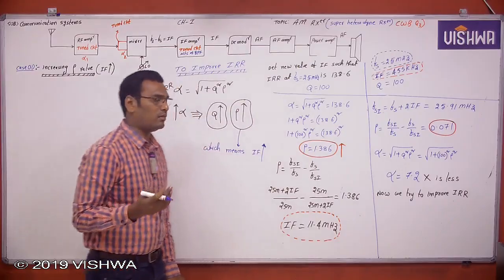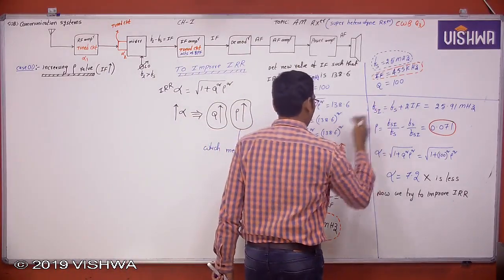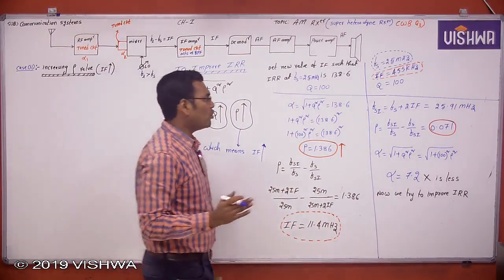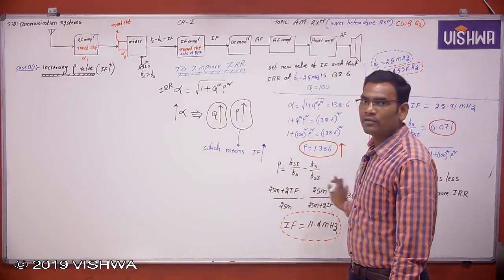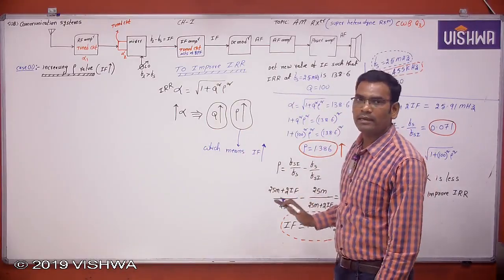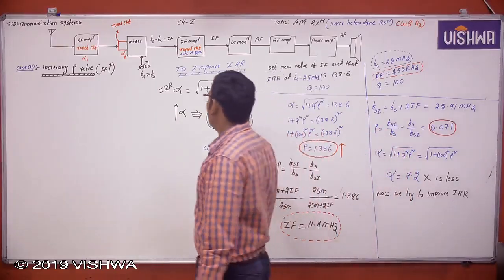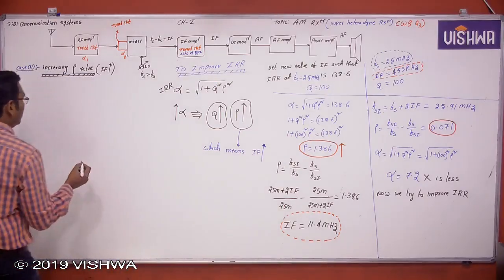Is it increased or not? Yes. So when If is increased, the image rejection ratio is increased. That is theoretically, but students are asking, sir, show me the practical way. As per the numerical values, okay, but we want to improve the image rejection ratio when the intermediate frequency is increased. Then that also I will show you practically.